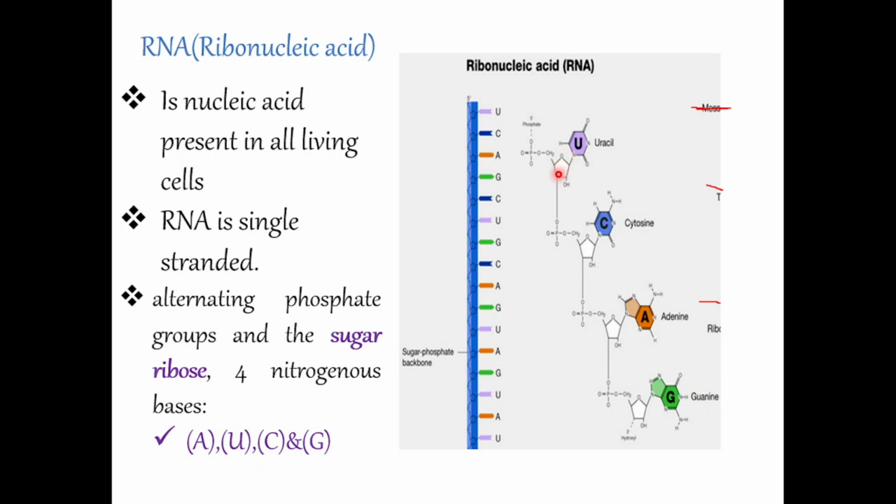Here is the 5-carbon sugar, which is ribose: carbon number 1, 2, 3, 4, and 5. It is ribose because there is a free hydroxyl group at carbon number 2. Nitrogenous bases found in RNA are uracil instead of thymine.